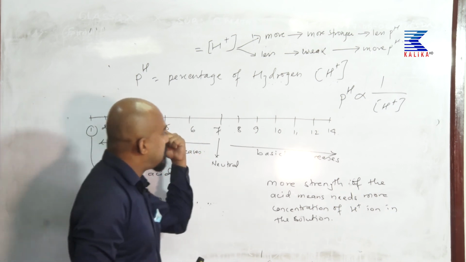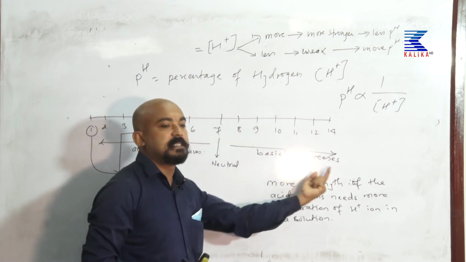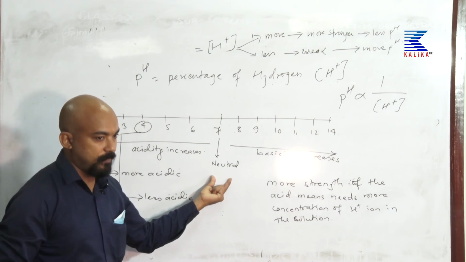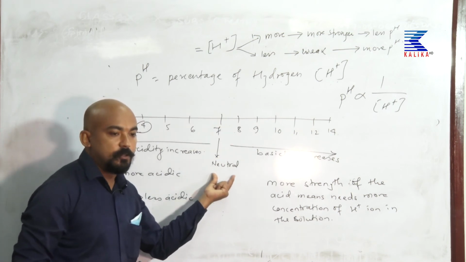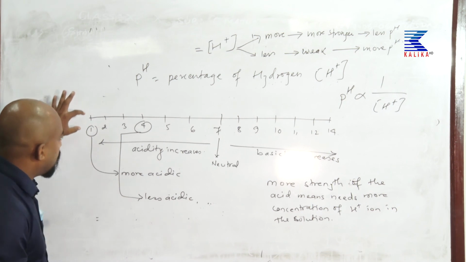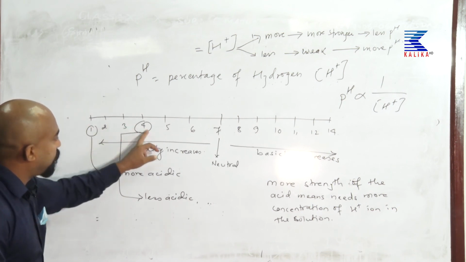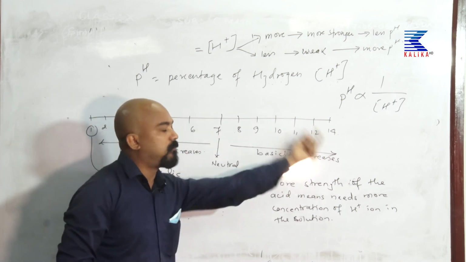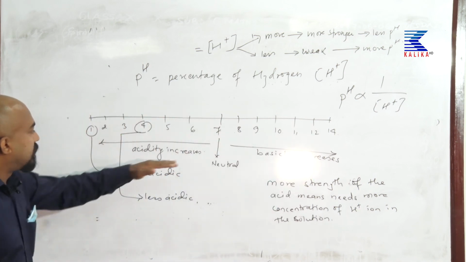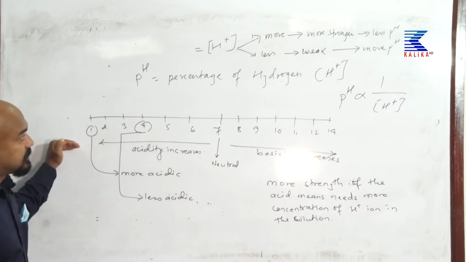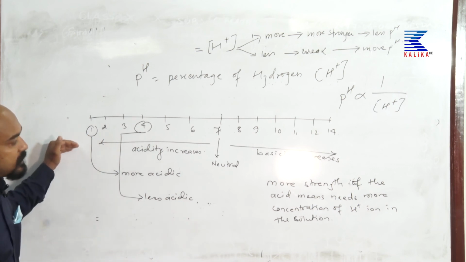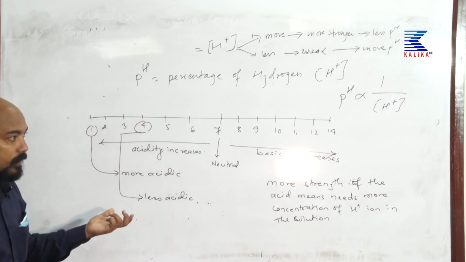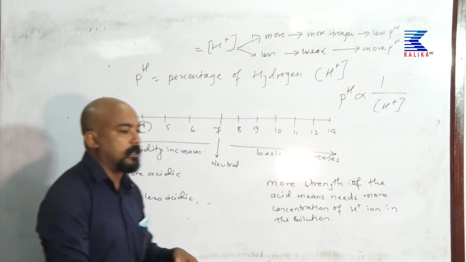Similarly, ascending from 7 to 14, basicity increases, and 7 is for neutral substances. 1, 2, 3, 4, 5, 6 for the acid, 7 for the neutral, and from 7 to 14 for the base. The number of pH determines the strength of acid. Here on the board we described the various points. Now look at the slide.